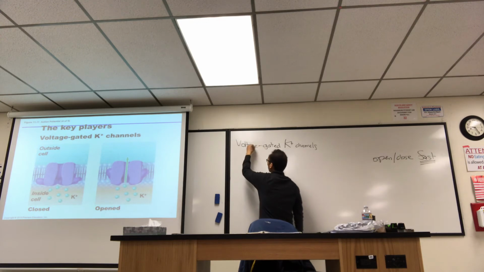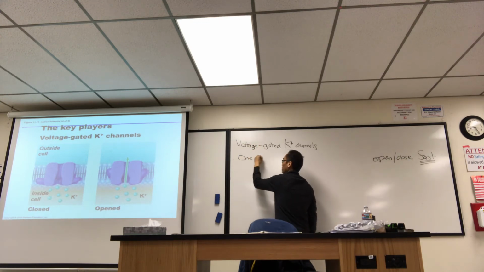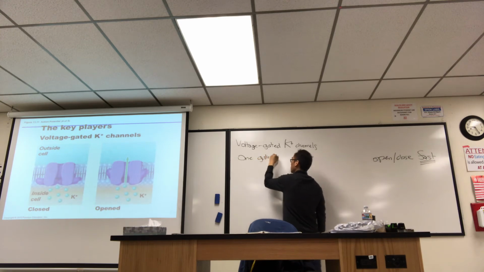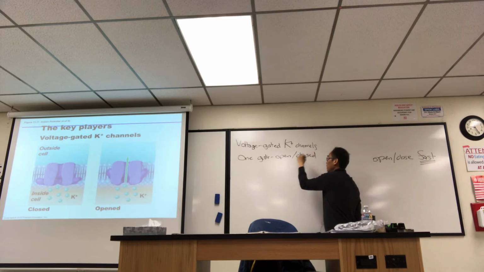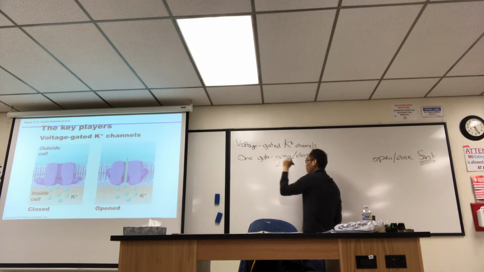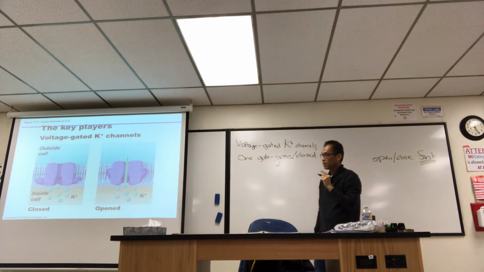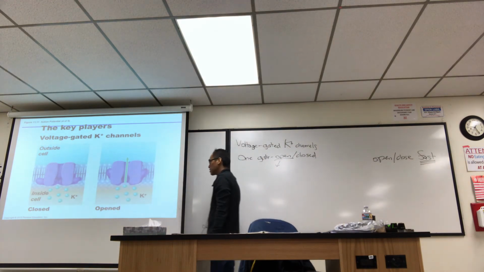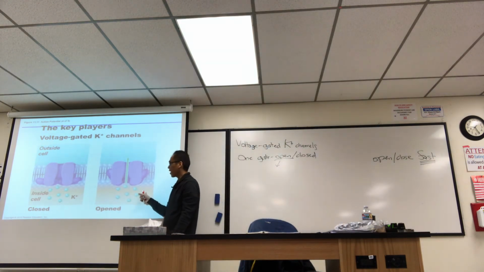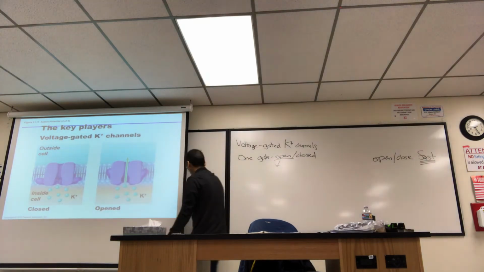The voltage gated potassium channels have one gate. It's either open or closed. If it's open, what it will allow is potassium efflux, because that's how the gradient has been established by the sodium potassium ATPase pump. We talked about that. If it opens, it goes out. That helps you repolarize or hyperpolarize.